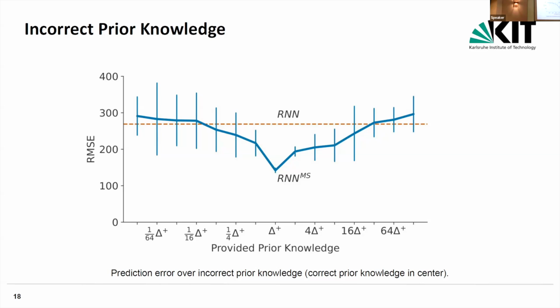Because maybe, as we see here, if the domain knowledge that we provide to the model is very different from the actual knowledge, we actually can get worse results than the baseline method without any knowledge. So this is an important lesson learned for anyone interested in knowledge-guided machine learning.